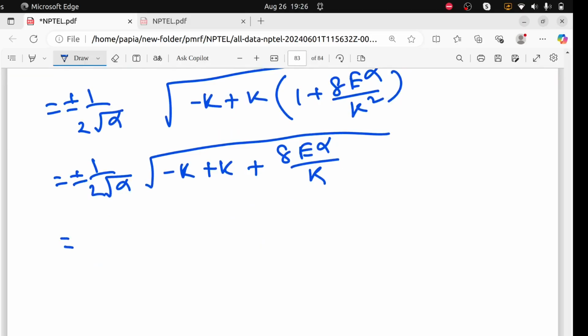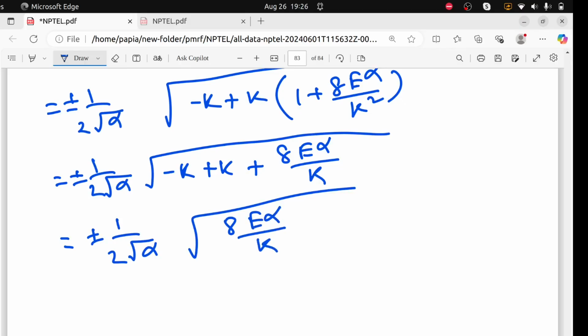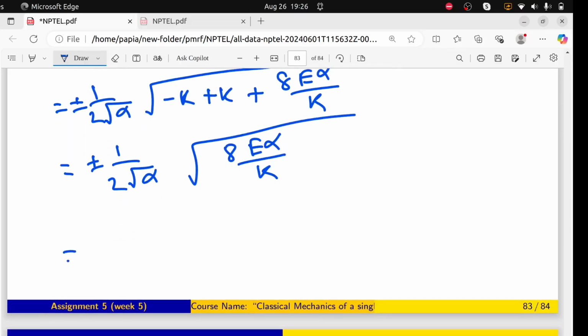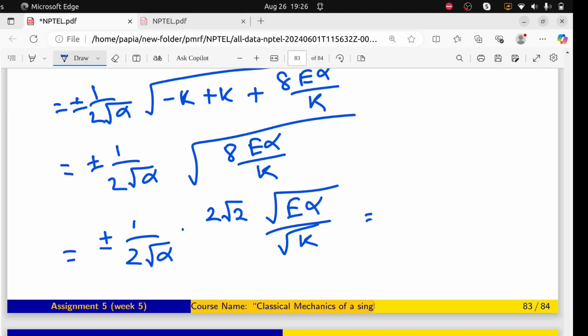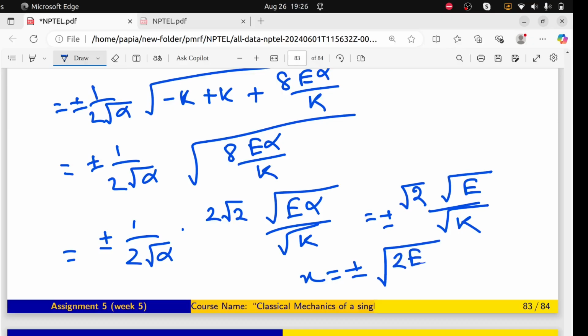So this is 1 by 2 root alpha 8 e alpha by k. So it is plus minus 1 by 2 root alpha, this is 2 root 2 root e alpha by root k. Now you can see that root alpha will cancel out, 2 will cancel out, so root 2 root e by root k. So our x will be plus minus root over 2e by k.